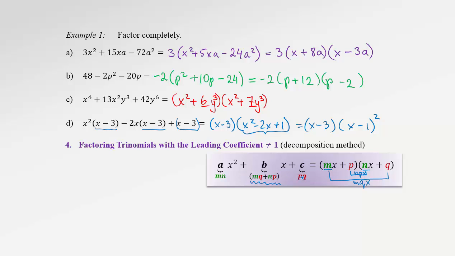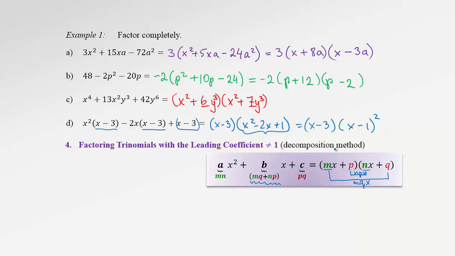So to help us factor this type of trinomials, we can use two methods. One of them is similar to the previous case. It's basically a guessing method. We need to guess p and q and m and n. But if we have too many choices and we can't really guess reasonably quickly, then there is another method. It's called the decomposition method.